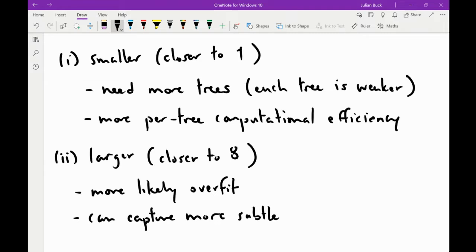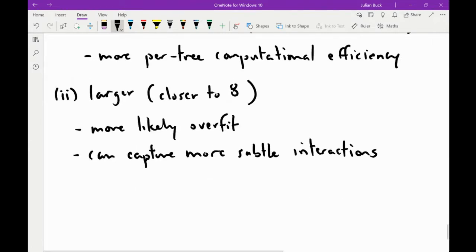So you get more structure. And for a very complicated data set with lots of features, this may be desirable. You might want to see how the different features are interacting at a deeper level than you would just get with, say, 1 or 2 splits. Okay, so that's one thing to think about in general when it comes to the depth.